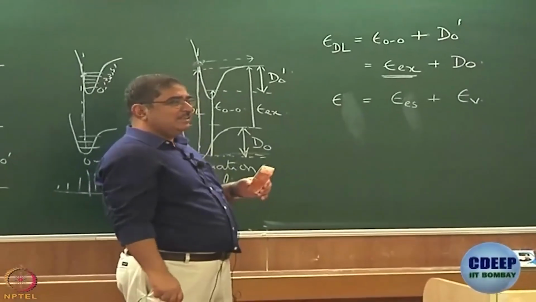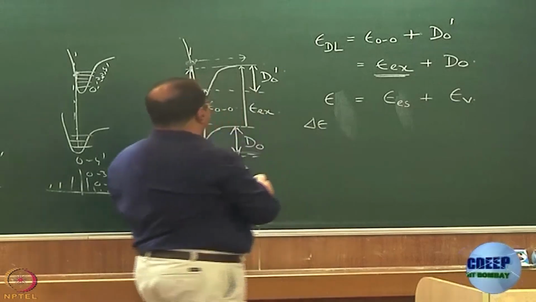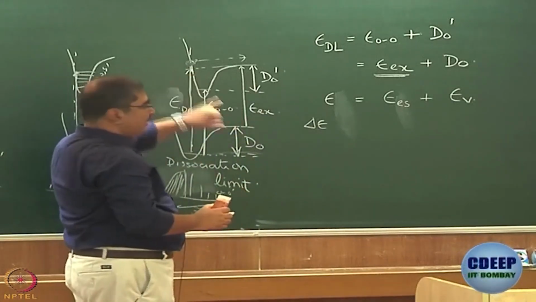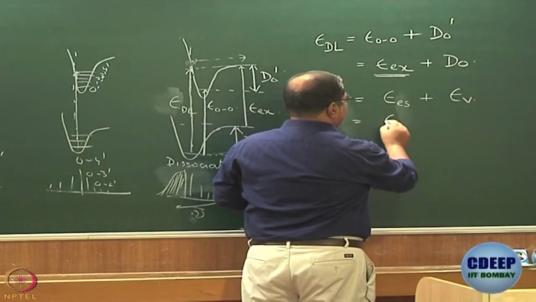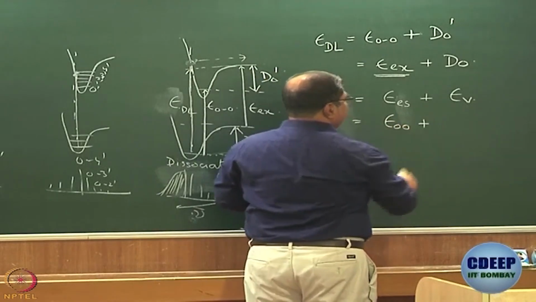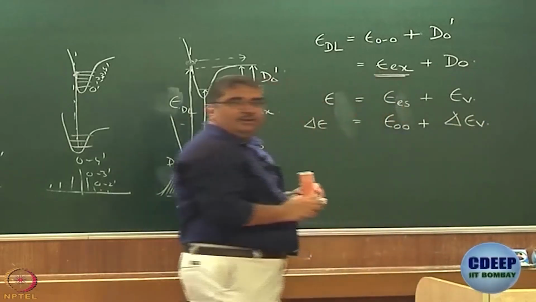If this is the case, then what is my delta epsilon? When I go from this level to this level, delta epsilon would be epsilon 00 plus delta epsilon V. Do we agree with that?